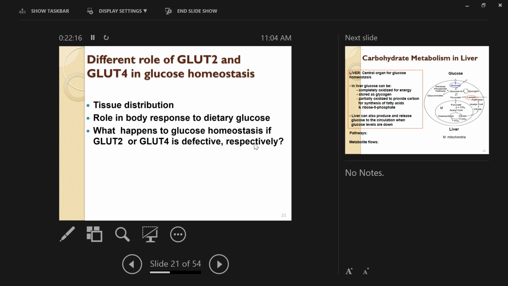Then we're not able to reduce the blood glucose after a meal. That happens particularly in type 2 diabetic patients, who will have a higher blood glucose level after a meal, called the postprandial blood glucose level. All right.